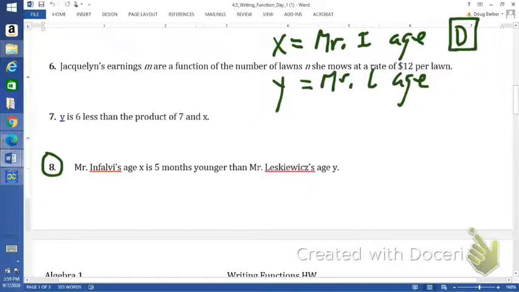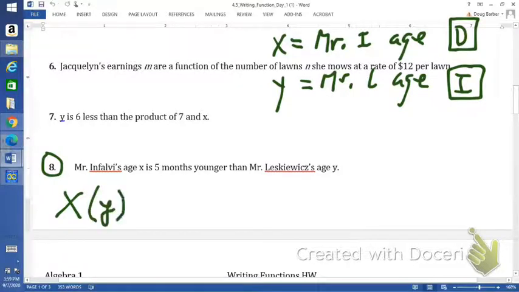So Mr. Infalvi's age is going to be the dependent variable, X, and Y is going to be Mr. Leskowitz's age. That's going to be the independent variable. And so we want to make sure we capitalize the X. So we go with capital X, and then in parentheses we have our lowercase y. Alright, and then we have this here.